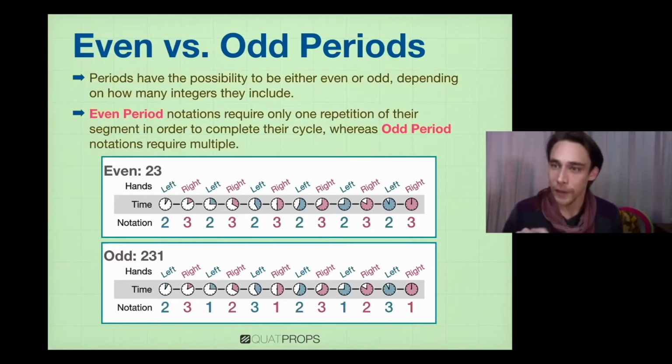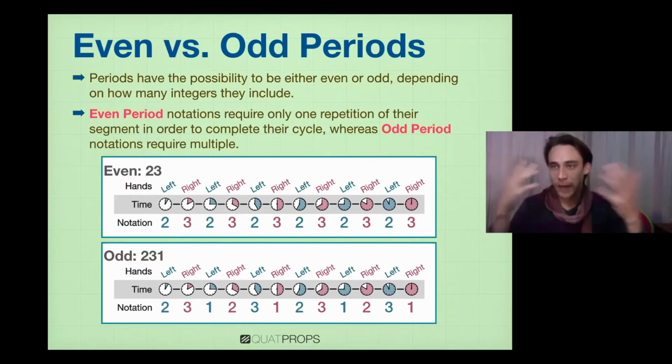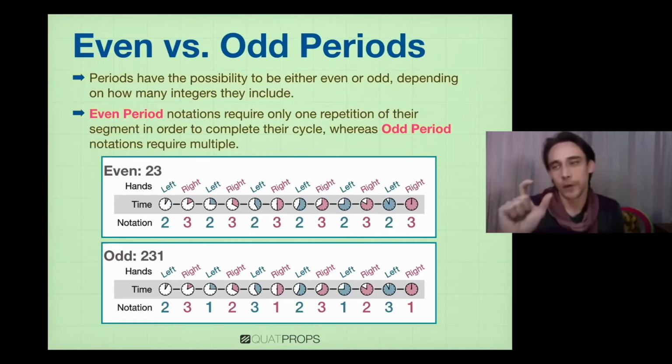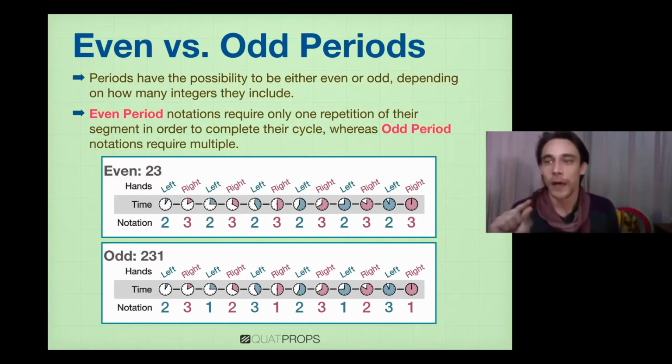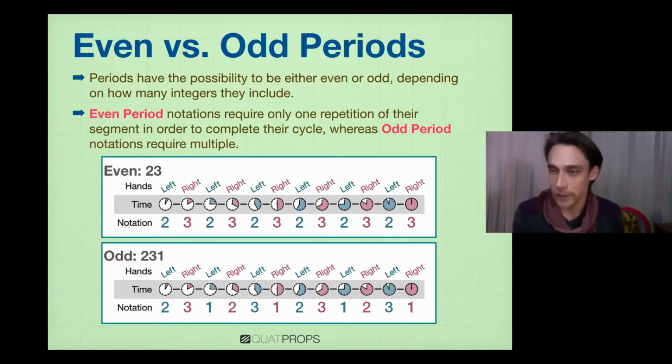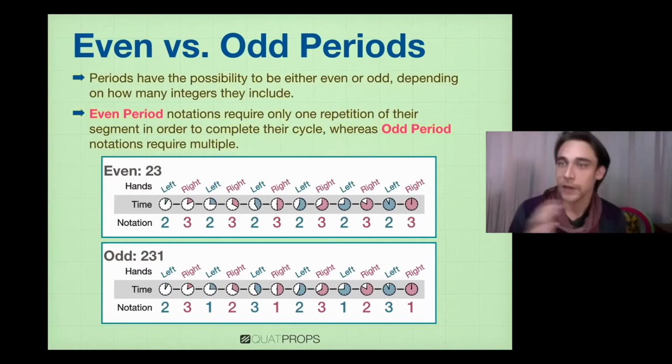Whereas with an odd period, because I have the imbalance ratio of my bilateral body, I end up having to cycle through the period twice before the pattern completes. And what that means is that every object will change hands and that every hand will go to every location. So recognizing the difference in challenge between an even period pattern and an odd period pattern is important for us. It produces a different type of relationship.